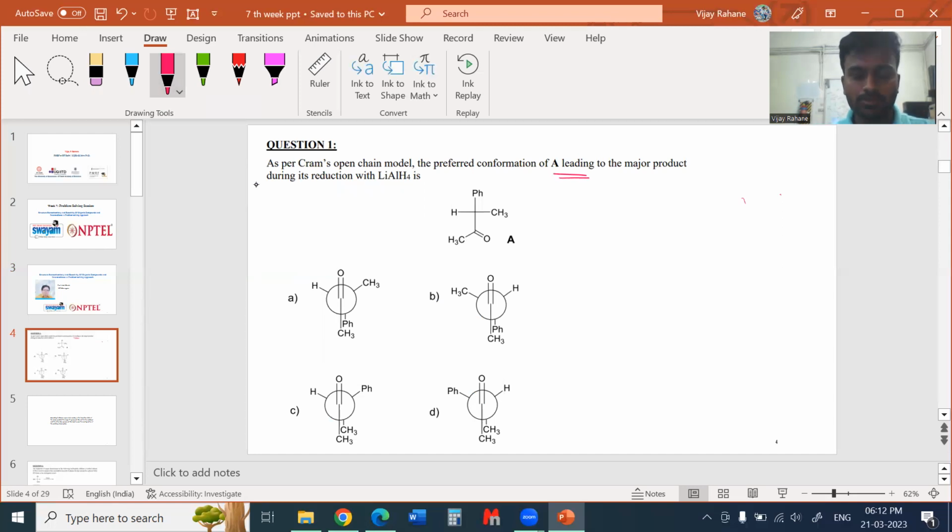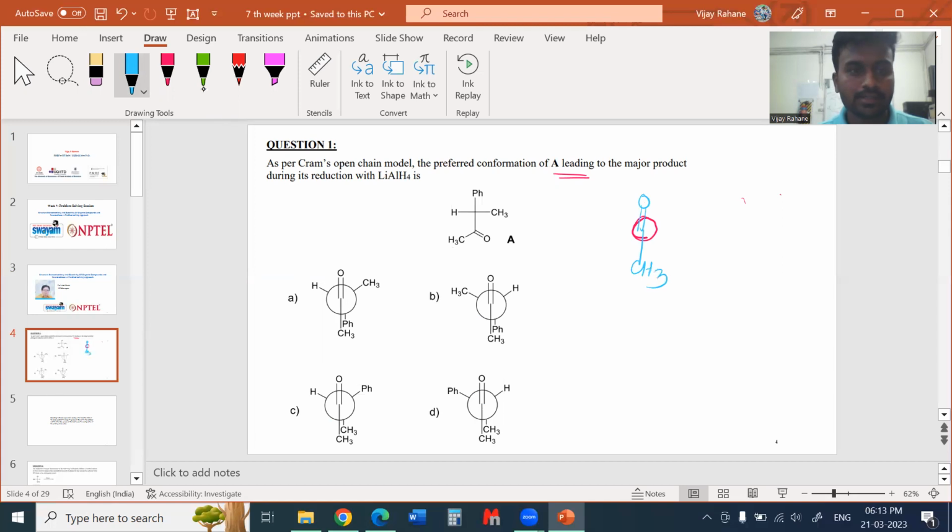First, we'll draw the structure in the Newman projection formula. In the Newman projection, the front carbon will look like this. First, we'll draw the carbonyl, and here will be a CH3, this methyl.